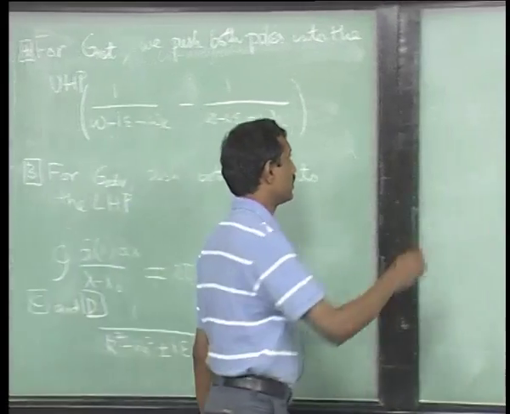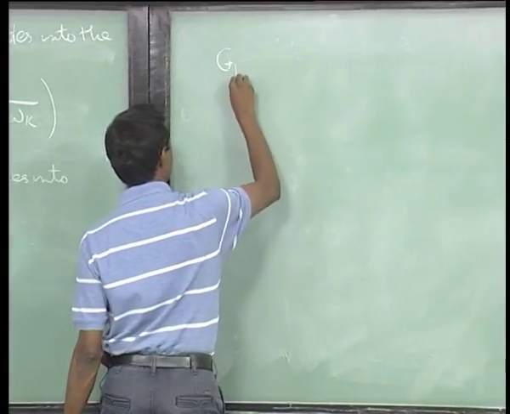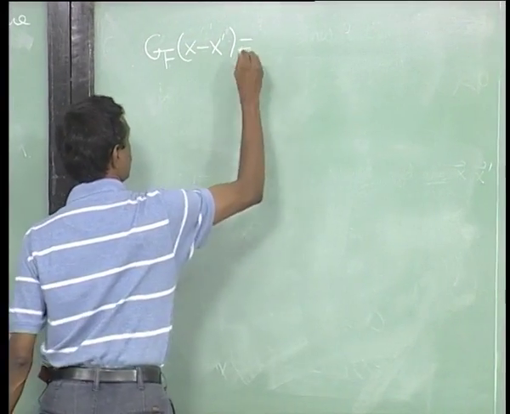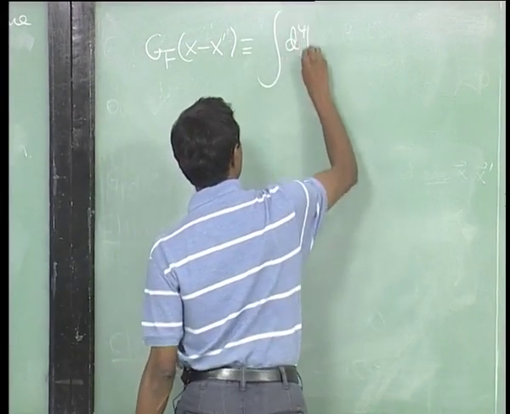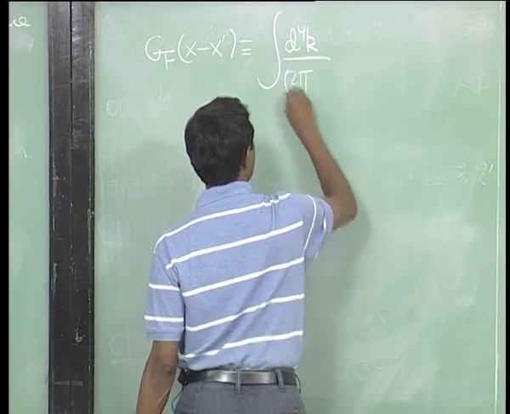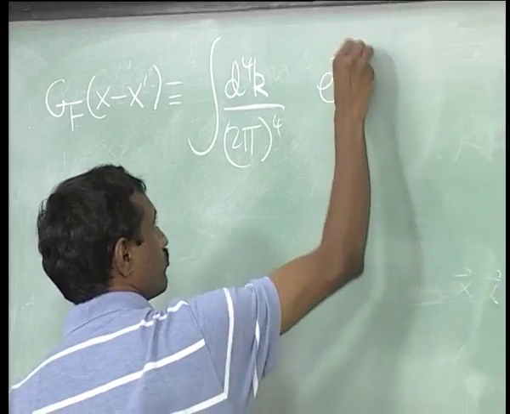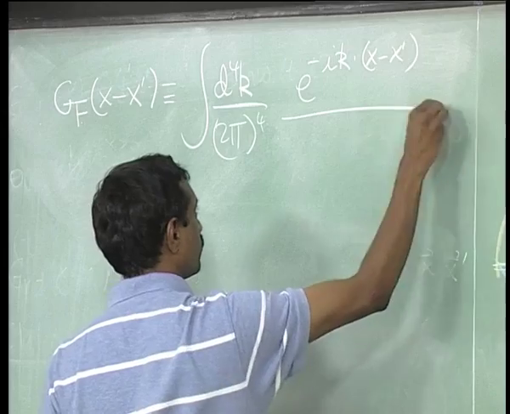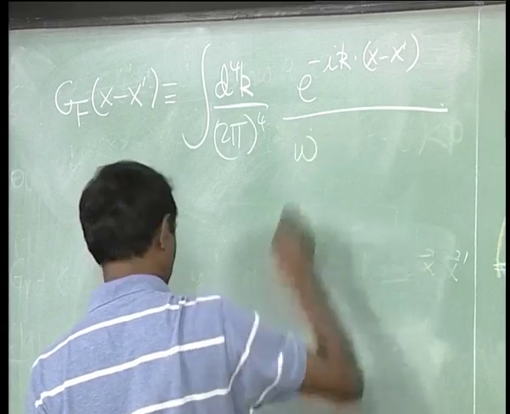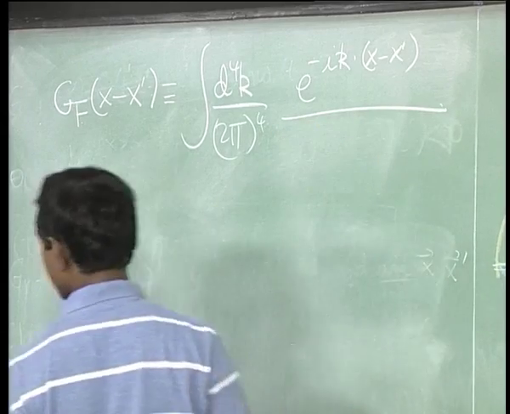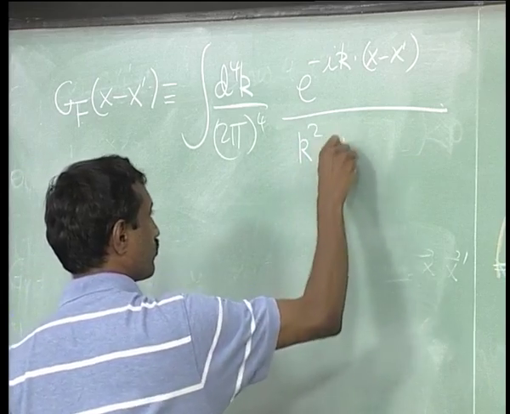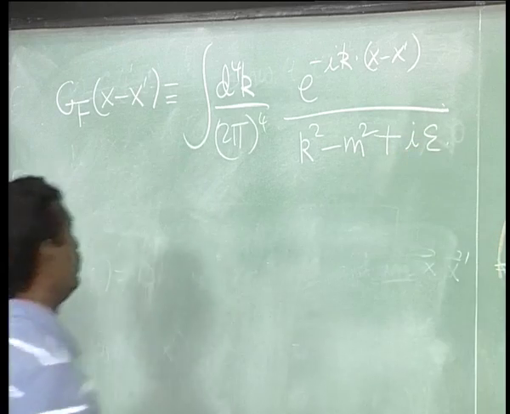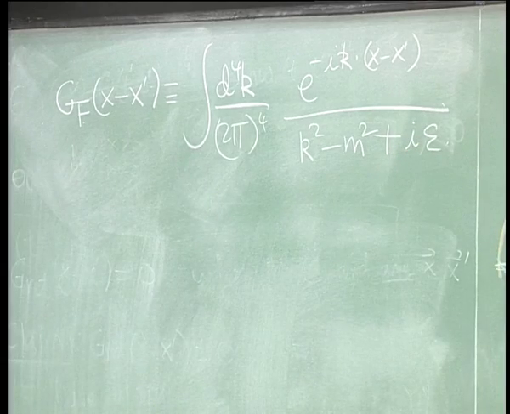So that gives you something which we will call G_F, F for Feynman.